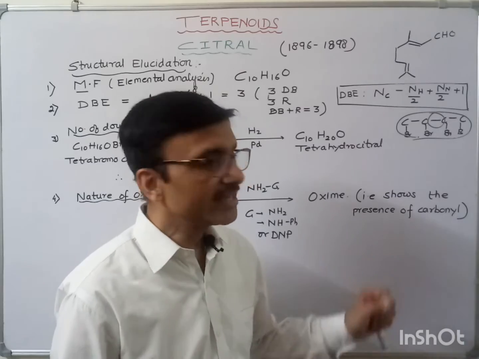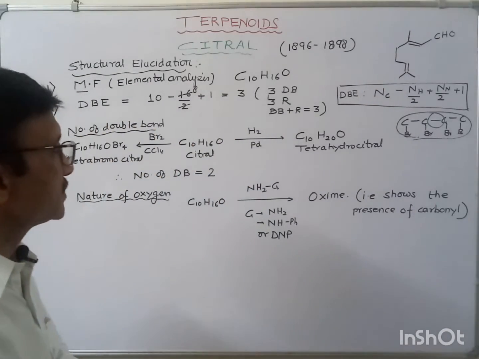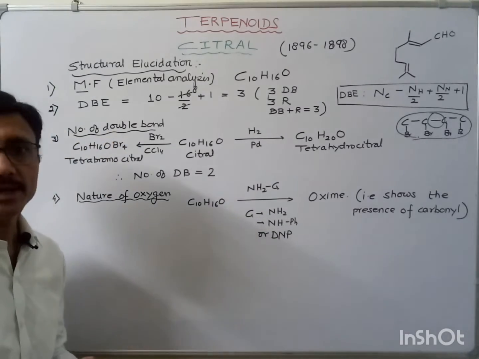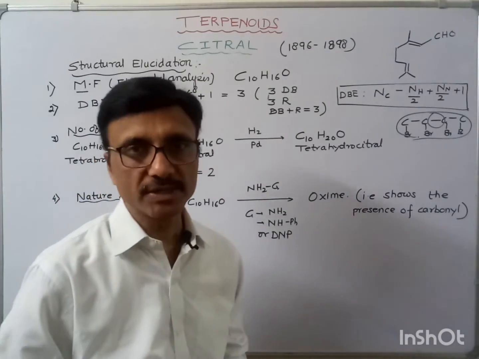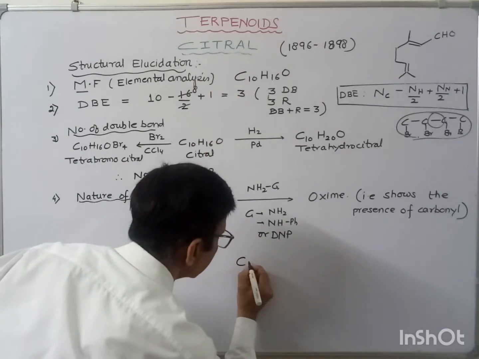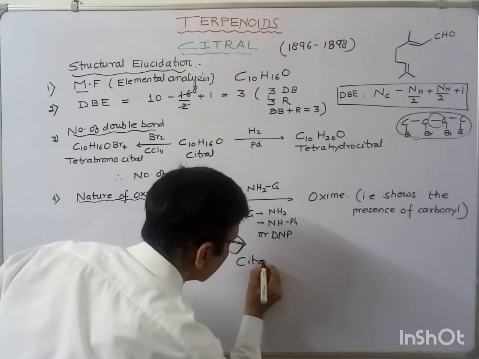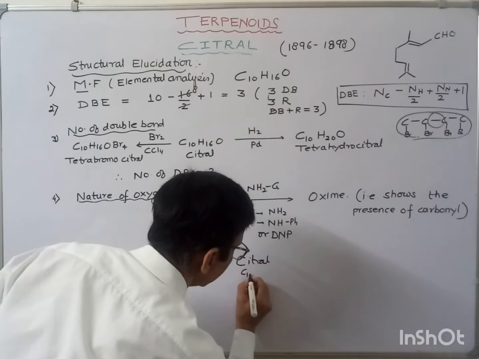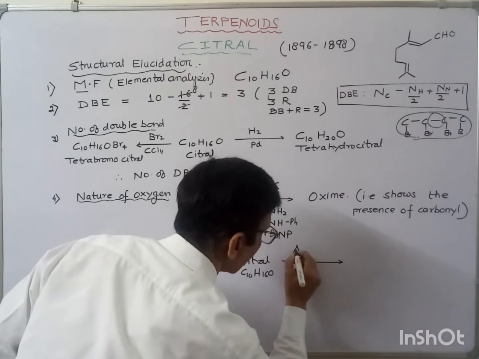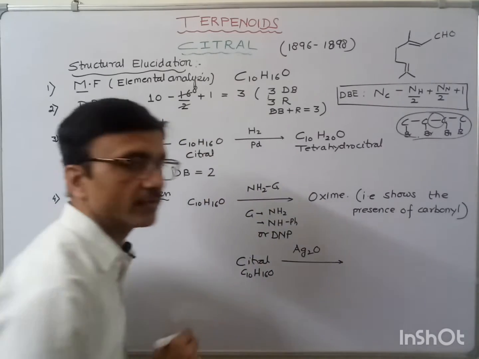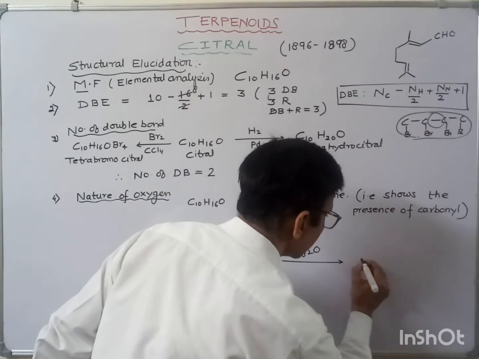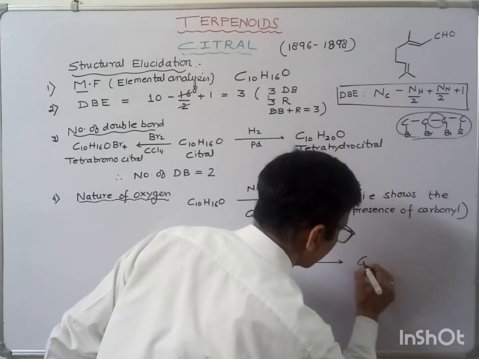Whether this is aldehyde or ketone can be determined by the Tollens test or Fehling's test. When citral, C10H16O, was treated with Tollens reagent, then geranic acid was found.